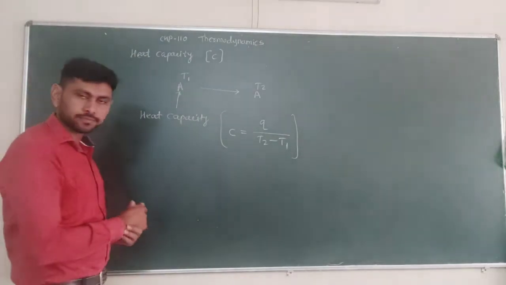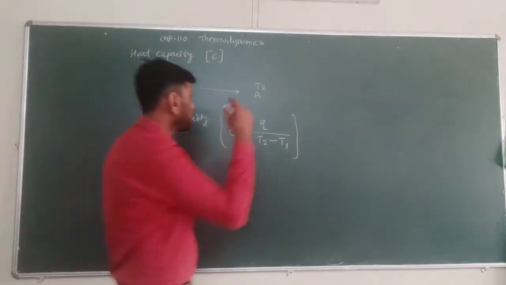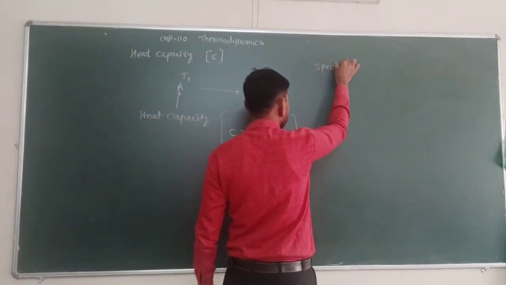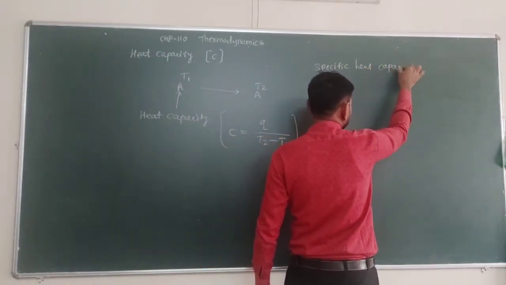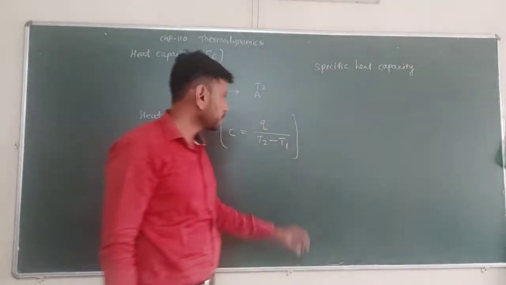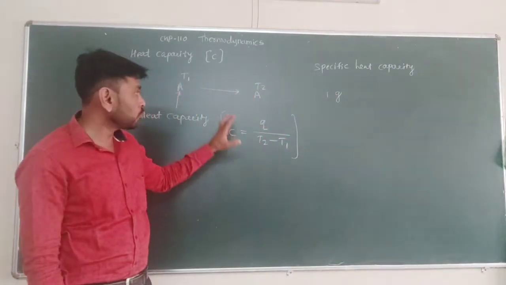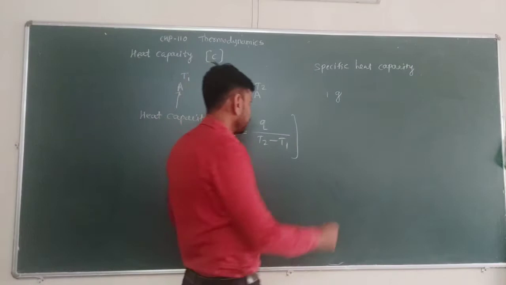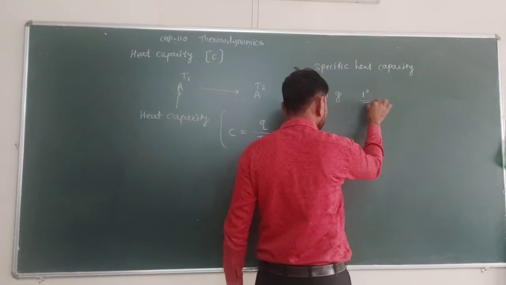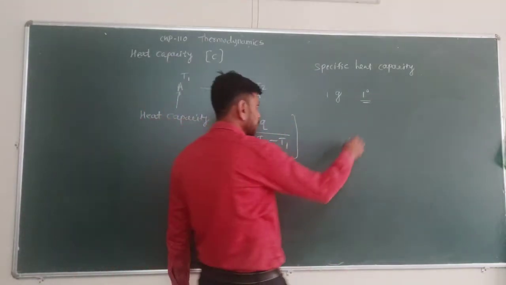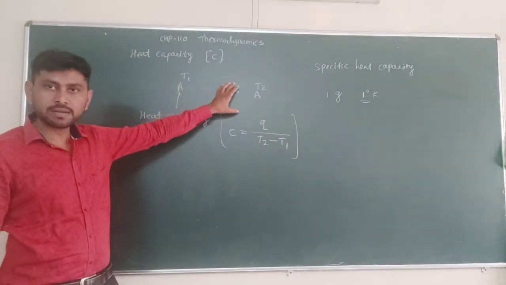Now, sometimes we talk about specific heat capacity. Specific, the word itself indicates it. If instead of this we take 1 gram of a specific substance, and we want to increase the temperature of the system by 1 degree, 1 degree Celsius or 1 degree Kelvin, how can specific heat capacity be defined?